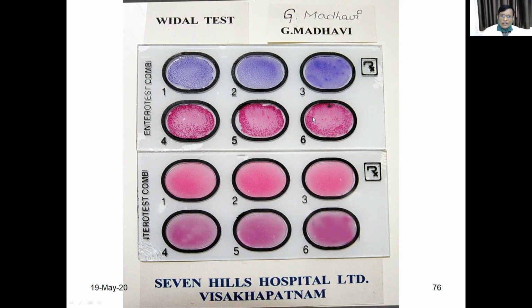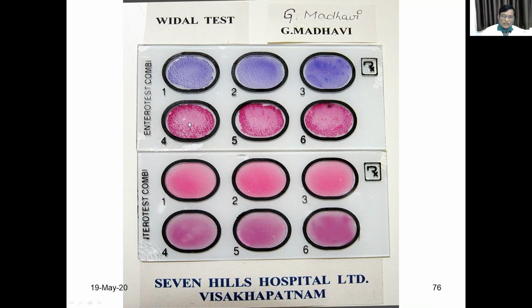Then where there are agglutination particles in the maximum dilution, that you will take as the positive titer. So here, this is the common O, that is TO. You can see up to 3, this is 20, 40, 80.